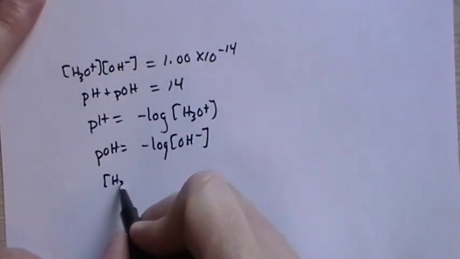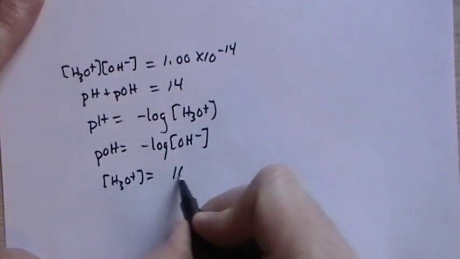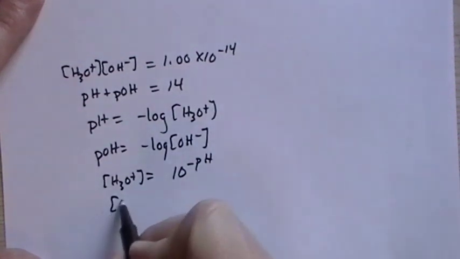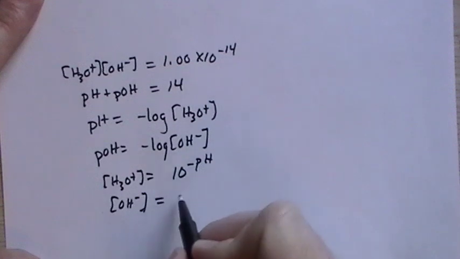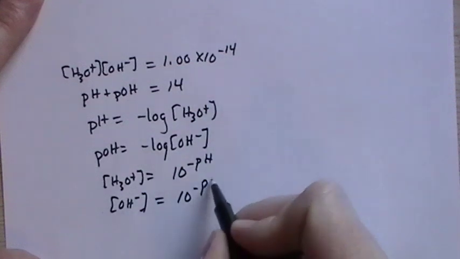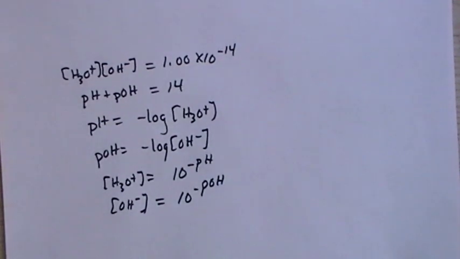The concentration of H3O+ is also equal to 10 to the minus pH, and so going the other route, the concentration of OH minus is equal to 10 to the minus pOH. So we have 6 different equations here. I don't think I'm missing anything. I think that's everybody, that allow us to convert back and forth.